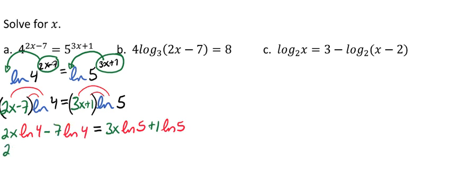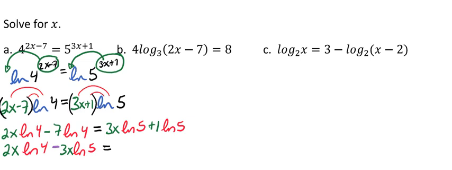So I'm going to have 2x times the natural log of 4, and then I'm going to have subtracted, because I'm moving it over, 3x times the natural log of 5.